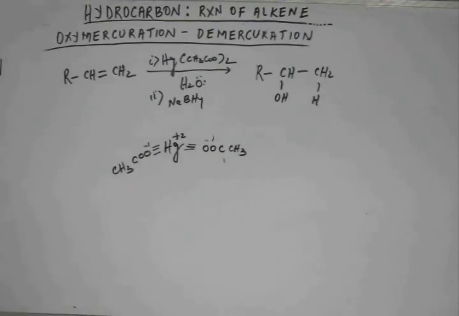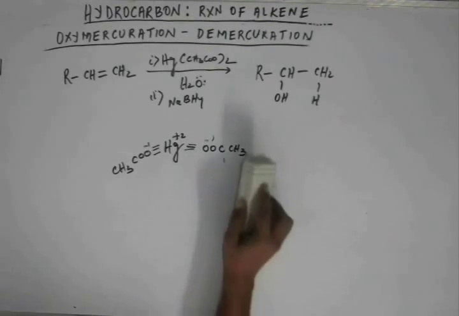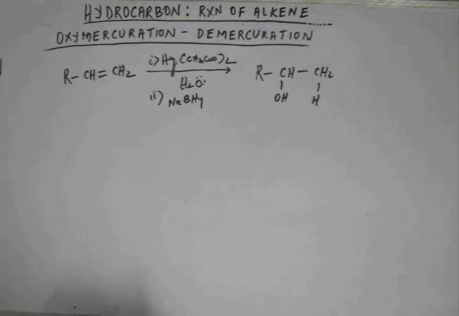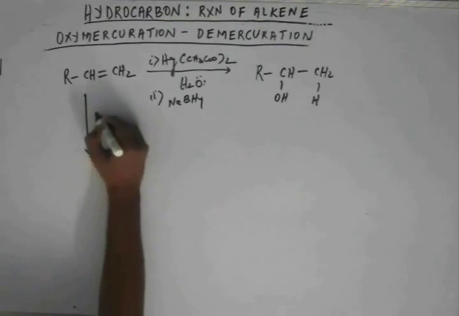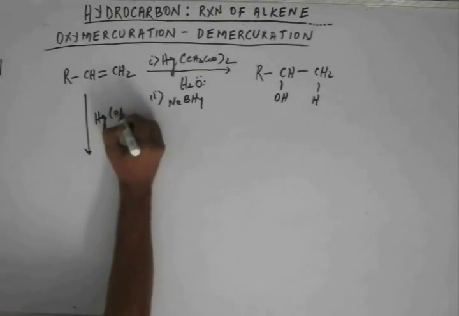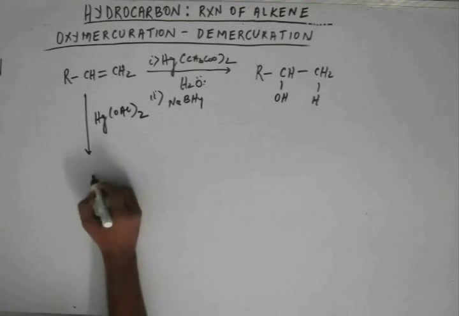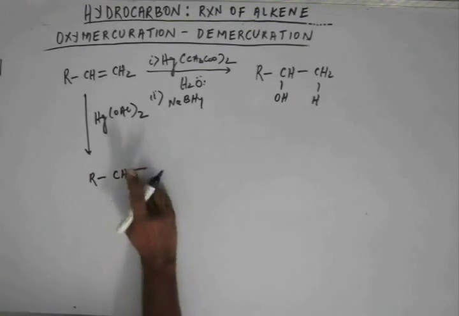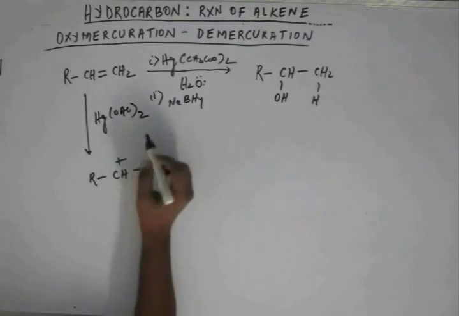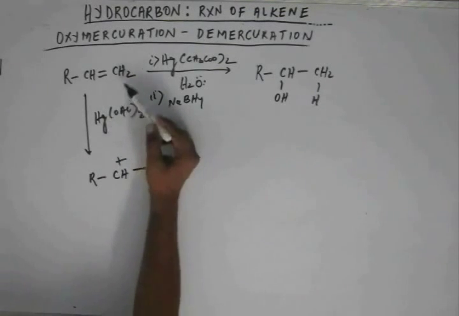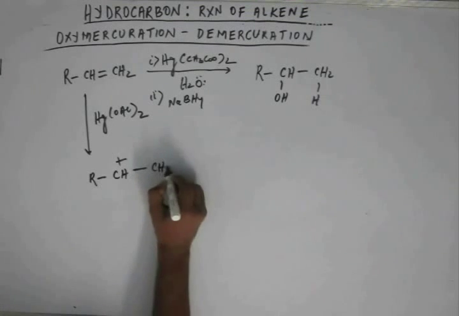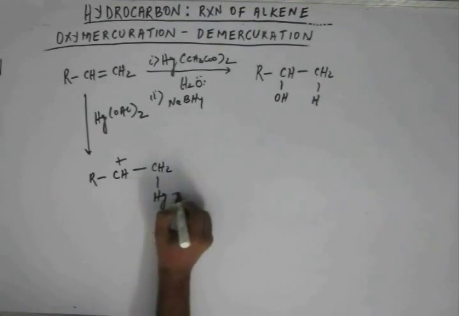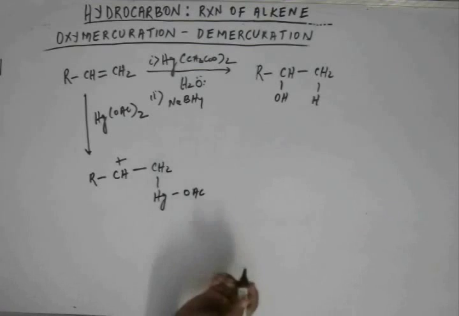I'm just showing that in one step. Suppose, for the sake of understanding, this mercuric ion forms one bond with this carbon, and the other bond with acetate ion is intact.